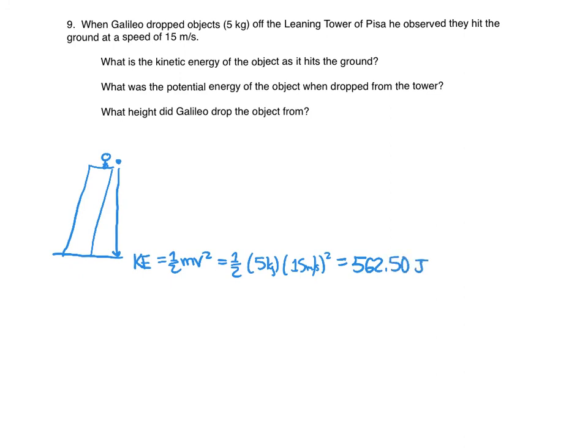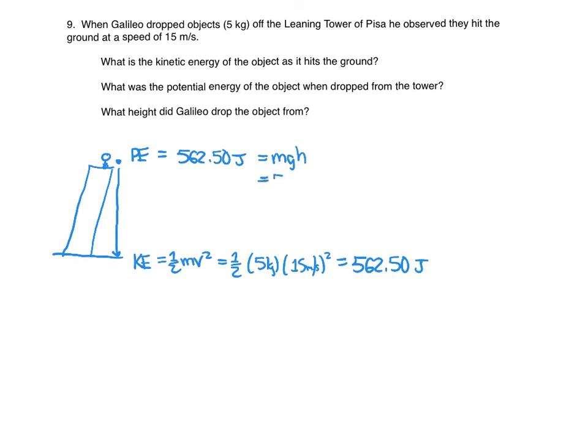What was the PE at the top? Obviously, we're a certain height above the ground, so that object will also have potential energy. Assuming energy is conserved, it will also be 562.5 joules. That was all transformed into kinetic energy as it hit the ground. What height did he drop it from? The PE is mgh, and we're going to solve for h.